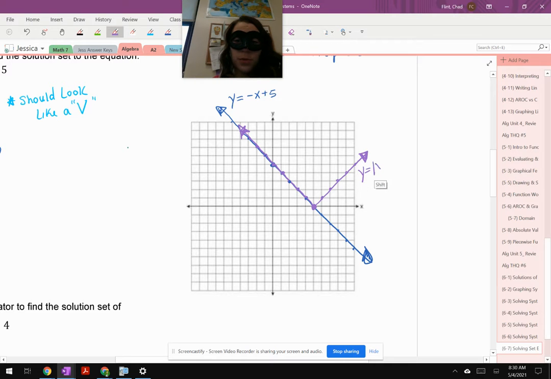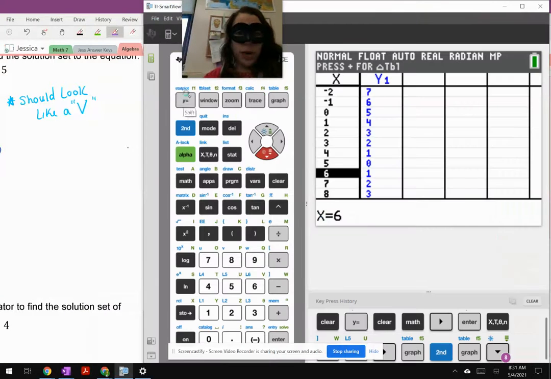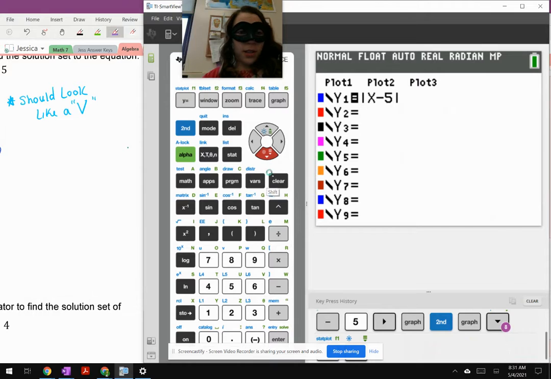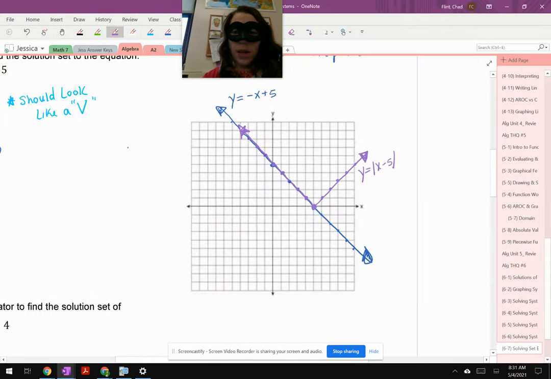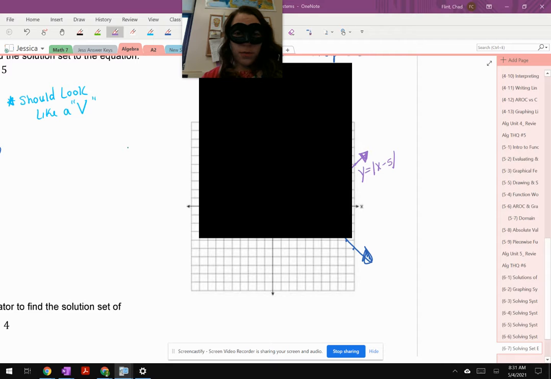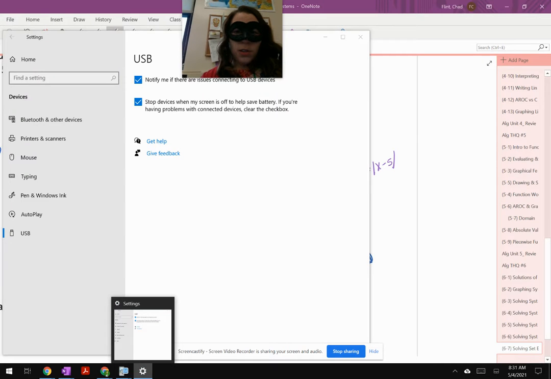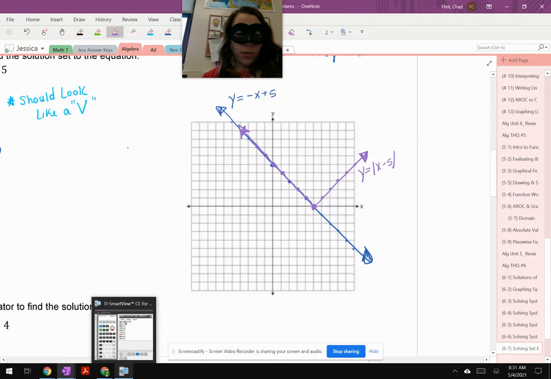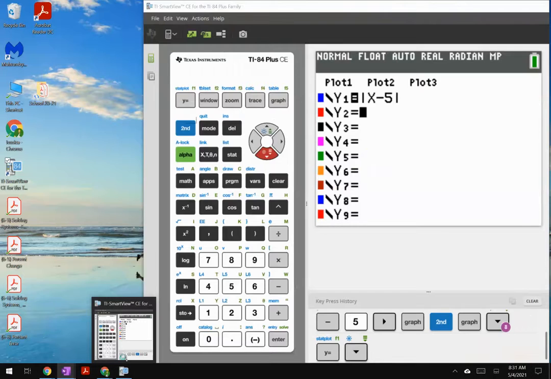And that's y equals the absolute value of x minus 5. And I'm just going to plug this other one into the calculator as well to make sure I'm not missing anything here, because this is a fun problem. Negative x plus 5. Come on. Oh my goodness. It's like my first time using a computer or something.